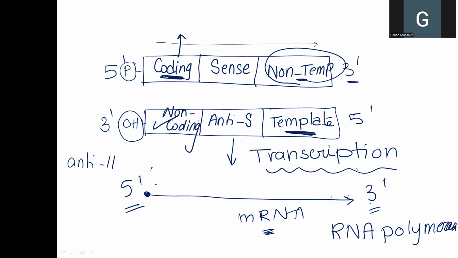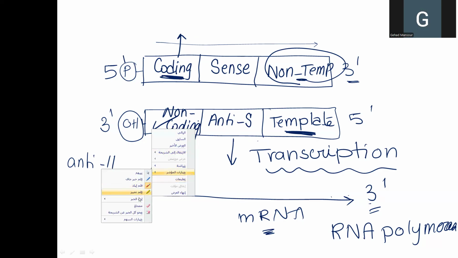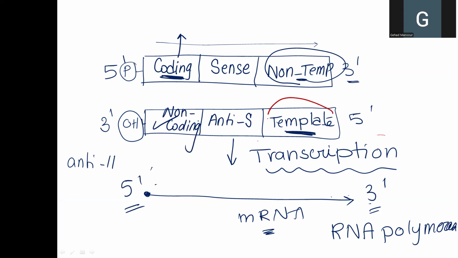So it's all about understanding these two terms or the reason behind these two nomenclatures. Why is this one called the template strand, and why is that one called the coding strand? Afterward, everything would be understandable, because if this is the template, then definitely the complementary is non-template. And if this is coding, then definitely the complementary one will be non-coding.